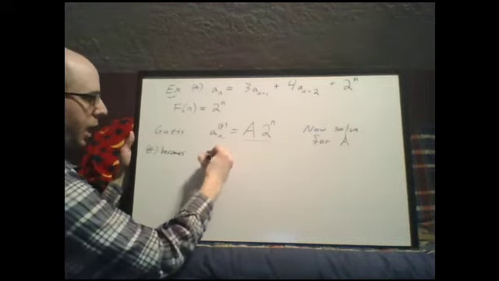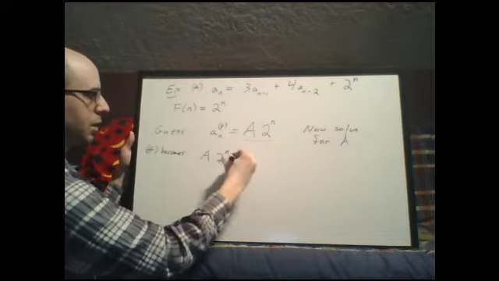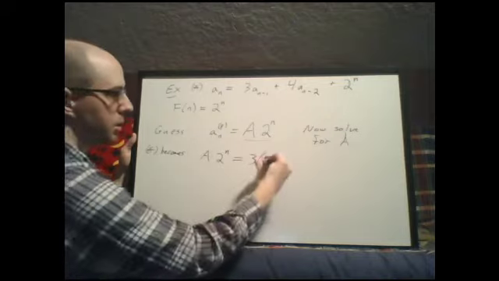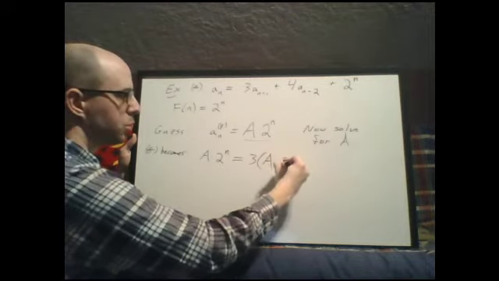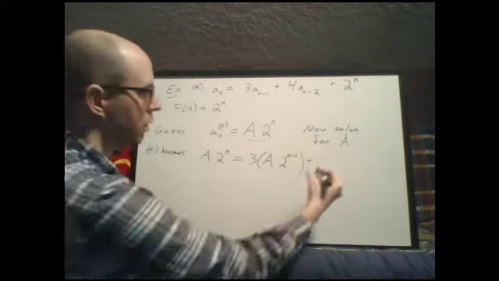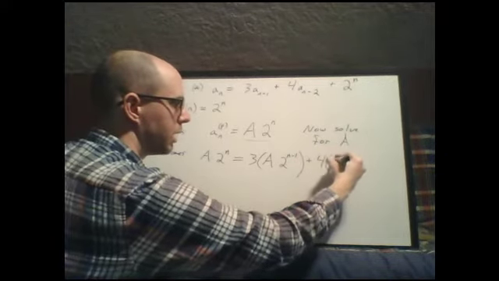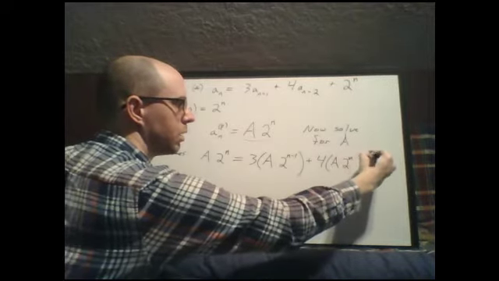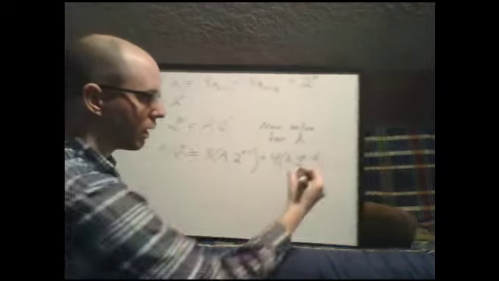We get a times 2 to the n equals 3 times a times 2 to the n minus 1 plus 4 times a times 2 to the n minus 2, and then plus 2 to the n.